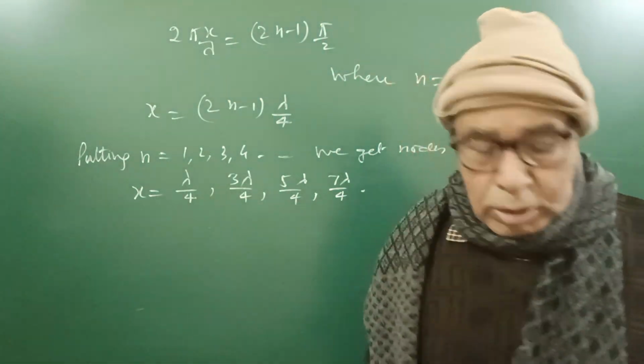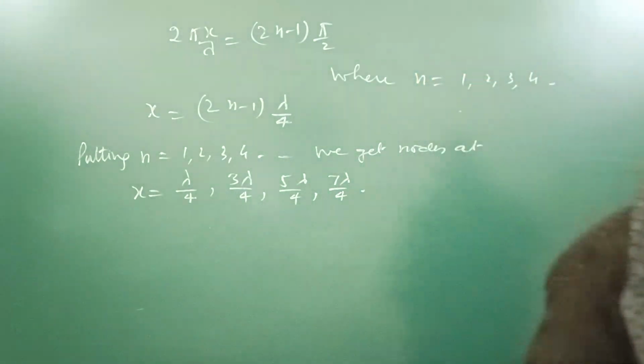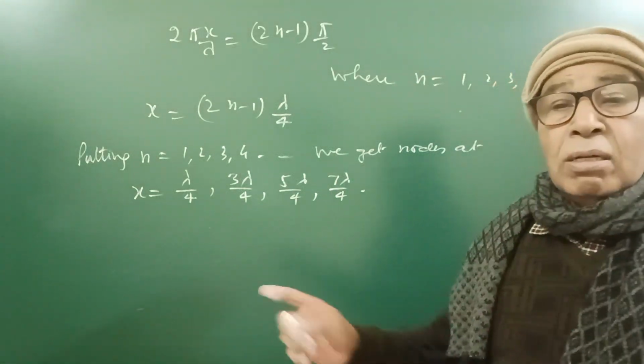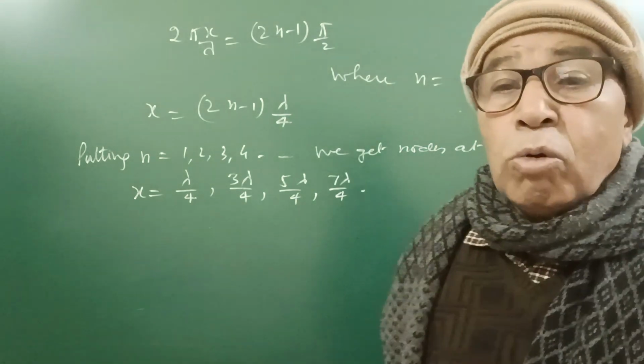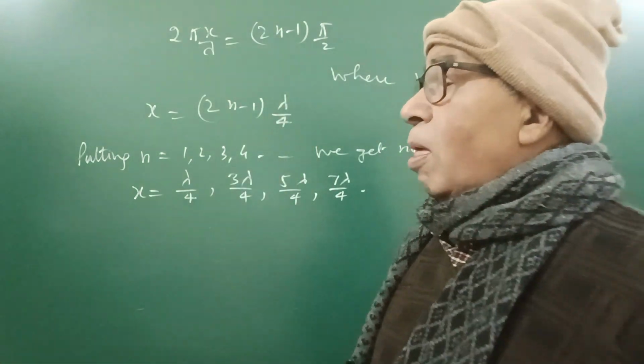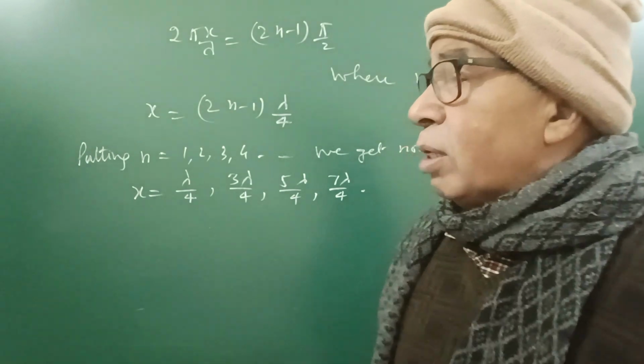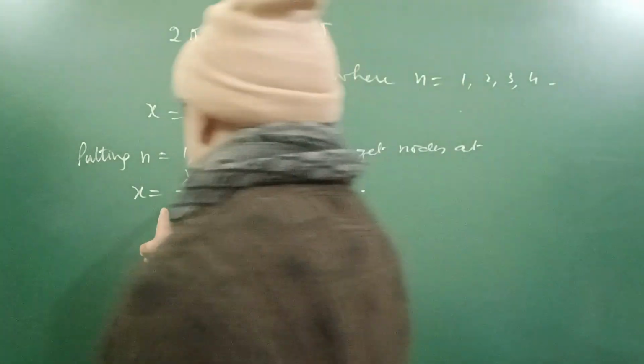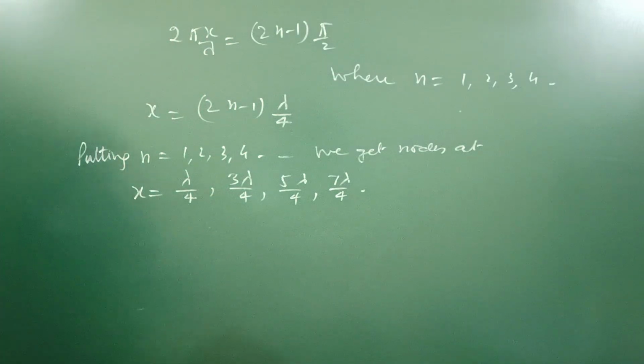So in case of free boundaries, nodes are at a distance lambda by 4 from the boundary, not at the boundary. In case of a rigid boundary, there was a node at the boundary. Here it is at a distance lambda by 4.